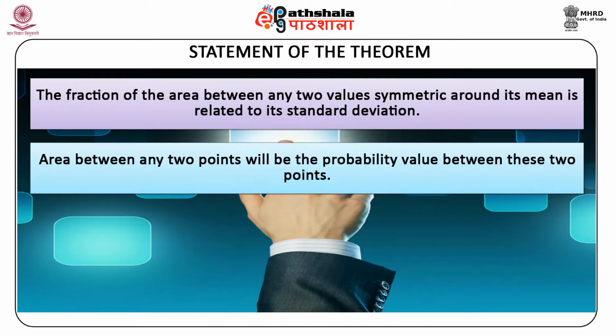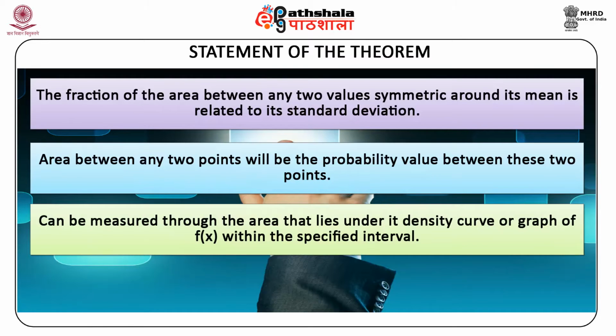Also, as the area under the probability distribution curve or in a probability histogram adds to 1, the area between any 2 points will be the probability value between these 2 points. The probability that any random variable lies within a given interval can be measured through the area that lies under its density curve or graph of f(x) within the specified interval.